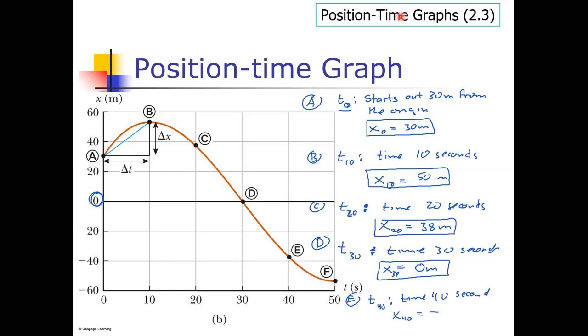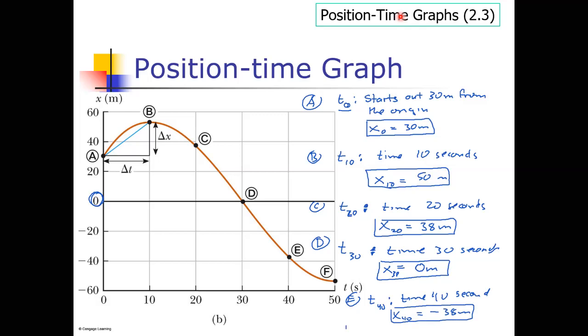Make sure you keep this in mind: this does not mean that he's moved a negative distance. It just means he is now on the other side of the origin, and he continues to move in the opposite direction. He moves in one direction, then he turns around, starts to move in the opposite direction, and continues to move in that opposite direction, and that's what we have here.